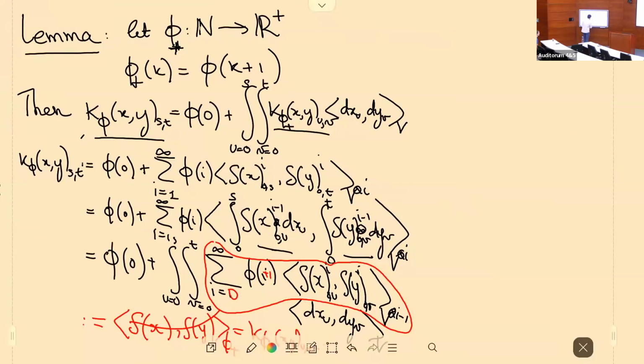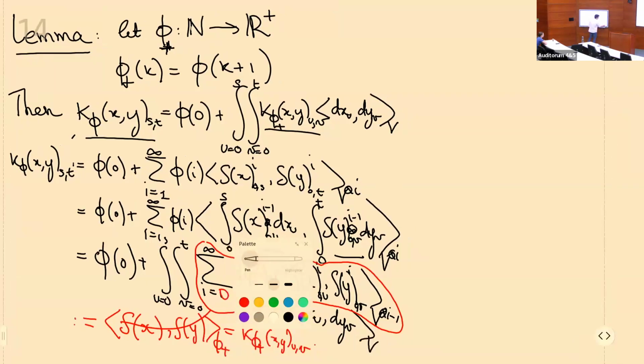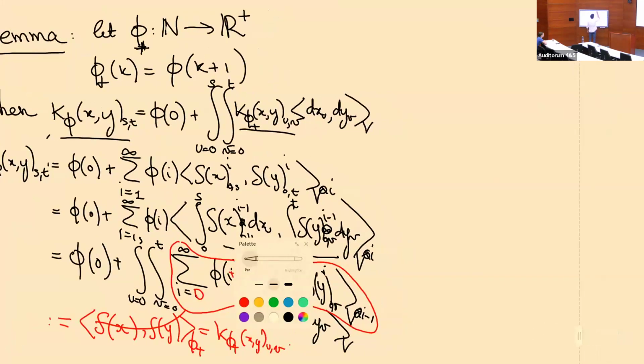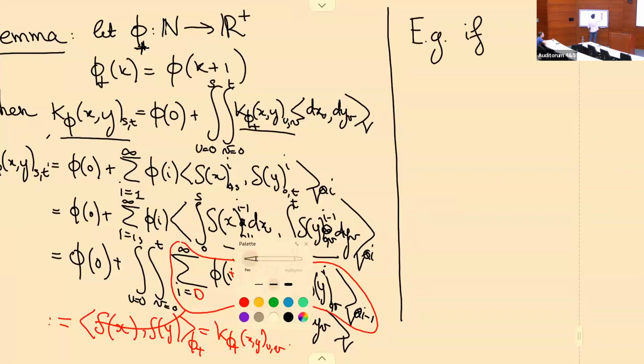Right. So then, there is a simple example. If you pick phi of k to be just a constant, let's put a constant equal to 1, then it means that I'm just taking sums of signatures without rescaling them.